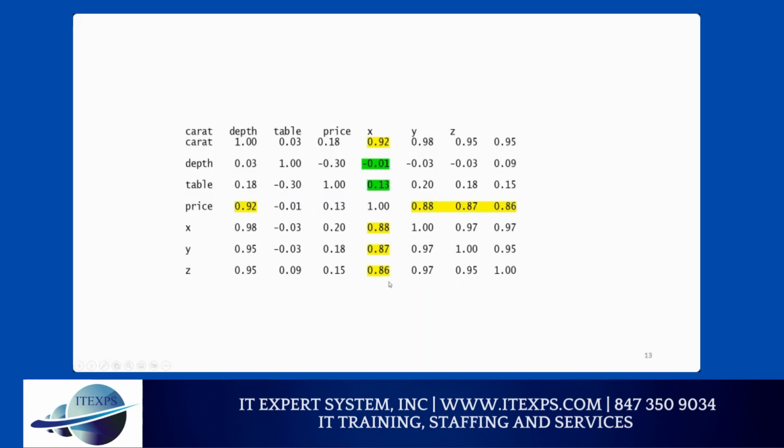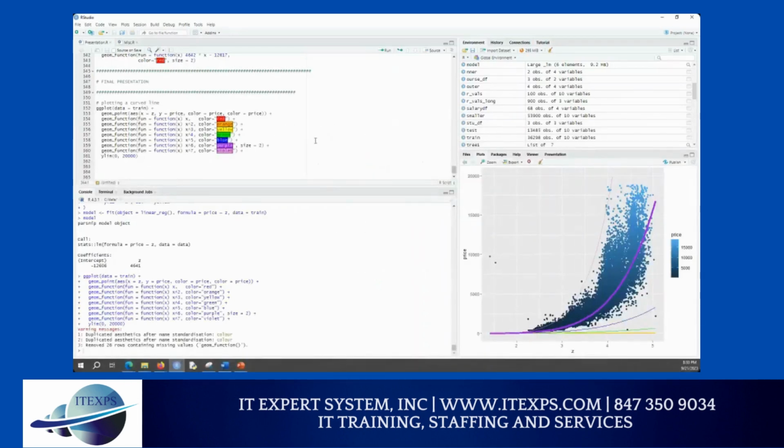Could you go back to your RStudio? One thing I could not understand, you're using square, cube, and power. How did you come to know that you have to use the function of x square, x cube? Randomly, we chose this kind of mathematics.